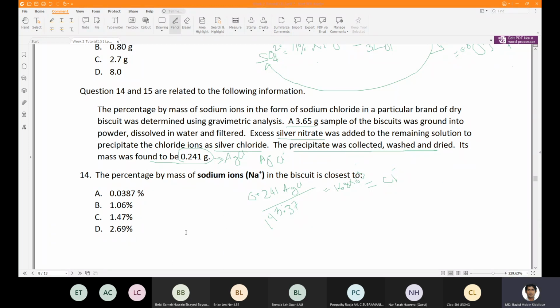And then sodium chloride is also one sodium to one chloride. So the exact same amount of chloride will be in sodium chloride, so the number of moles is the same, and we will find the number of moles of sodium.